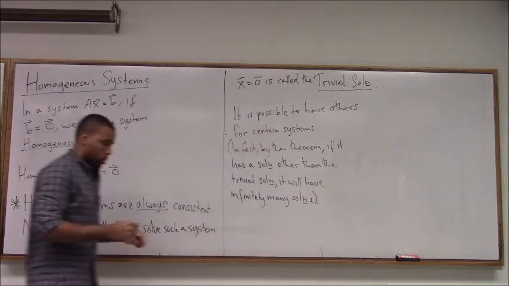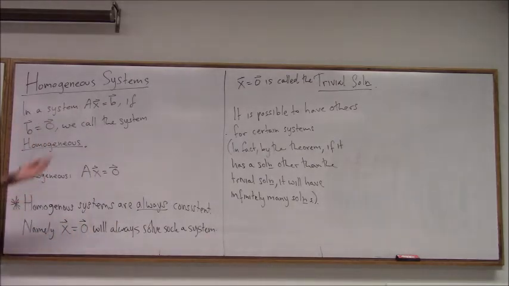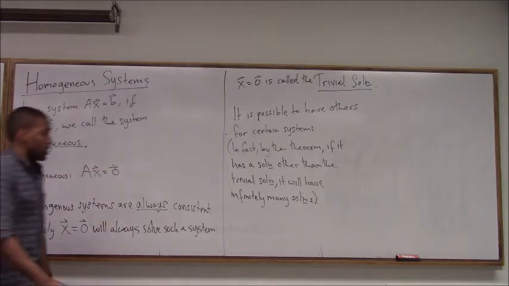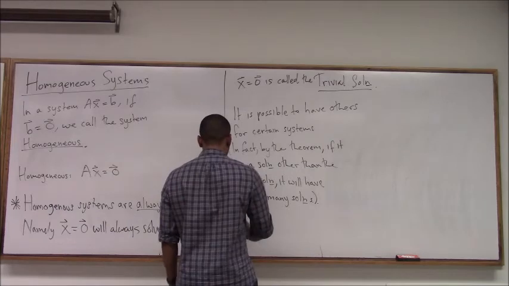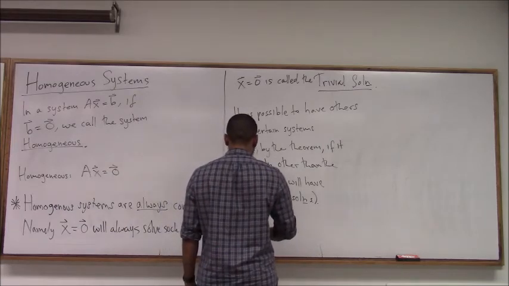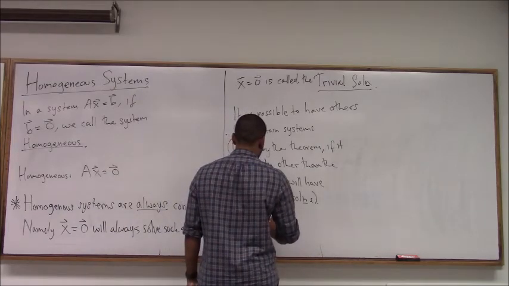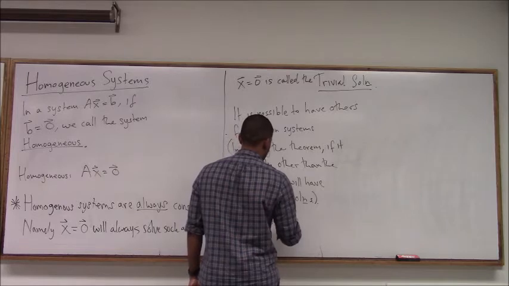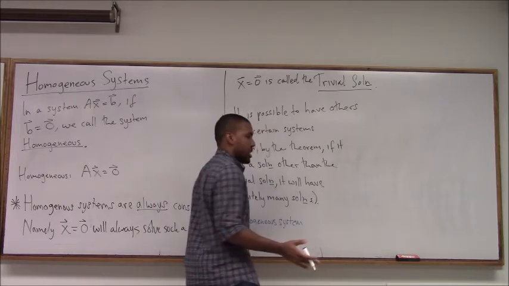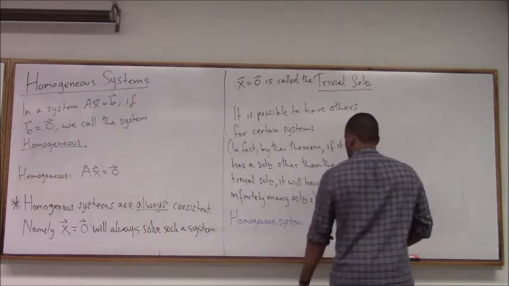So that's a fact about a homogeneous system. It just means that the outputs are always 0, and there's literally always a solution. Plugging in the 0 vector for the input will be a solution. So in other words, a homogeneous system always has either one solution or infinitely many. So it can never be inconsistent.